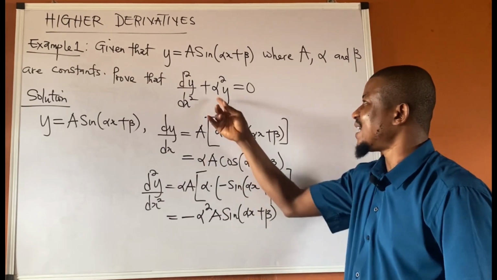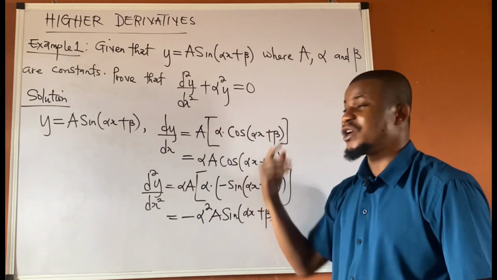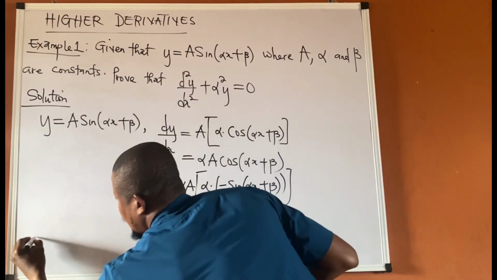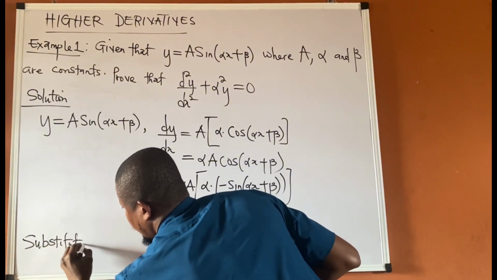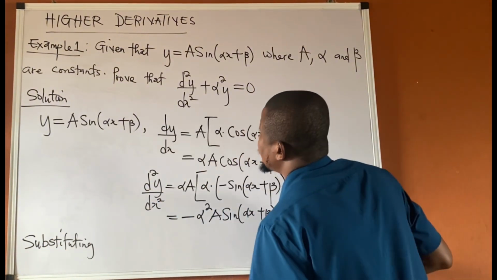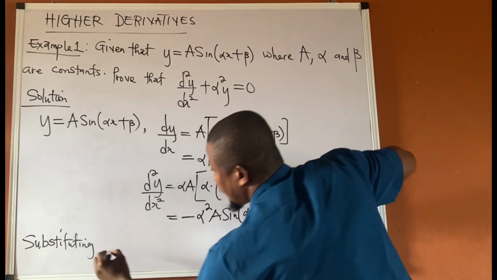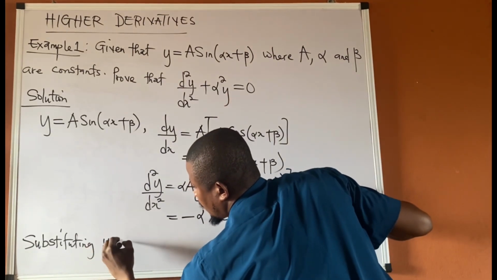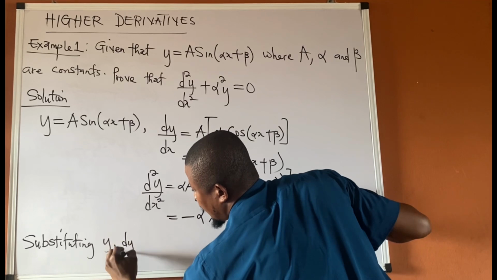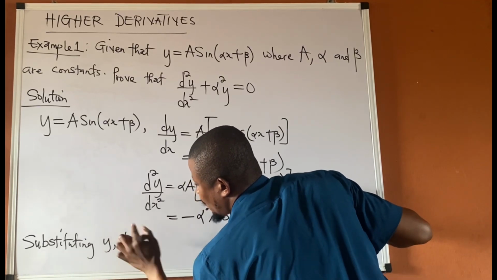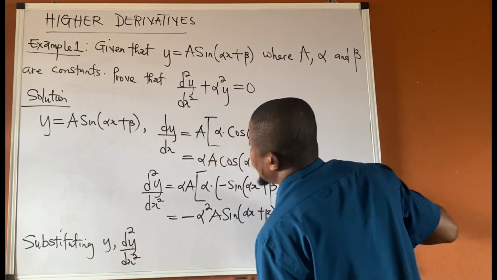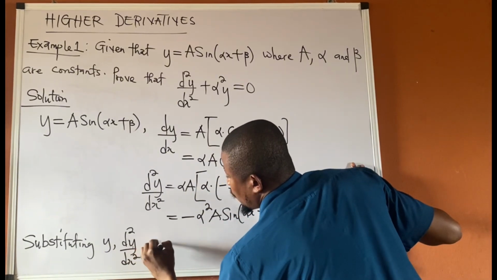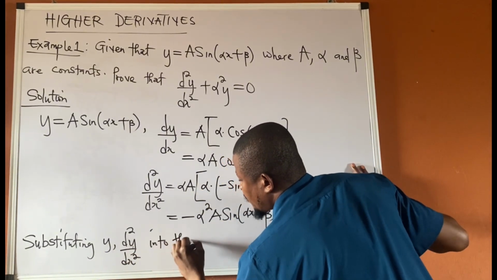Now at this point, we can substitute into this equation. So we write: substituting y and d squared y by dx squared into the equation.